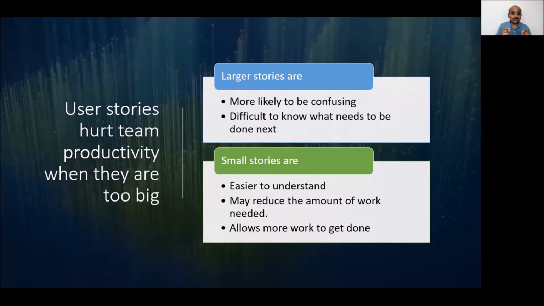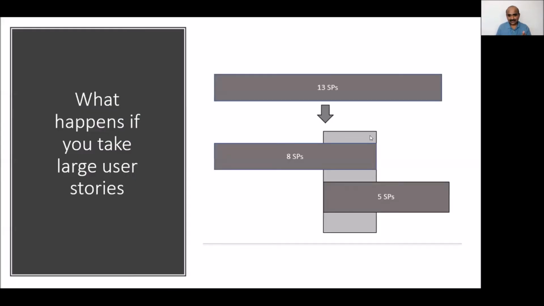And it may reduce the amount of work needed because the clarity and simplicity are there, and you don't add up technical debt to build that huge user story. On the screen I showed that, in the name of developing a bigger user story, you may end up adding technical debt, which is an overlap between two user stories. But when you define them individually, you can split them.